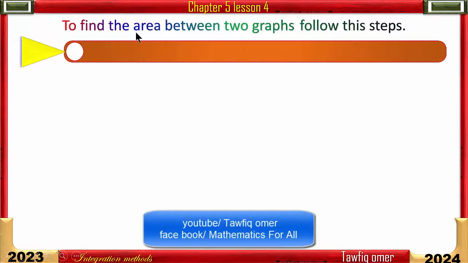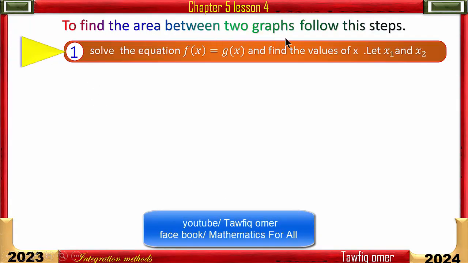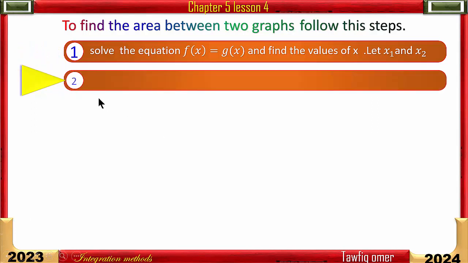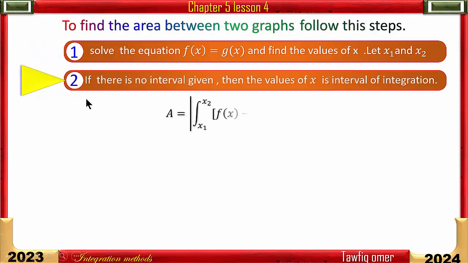To find the area between two graphs, follow these steps. Step 1. Solve the equation f of x equals g of x and find the values of x. Let these values be x1 and x2. Step 2.